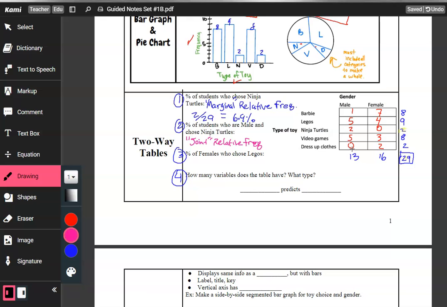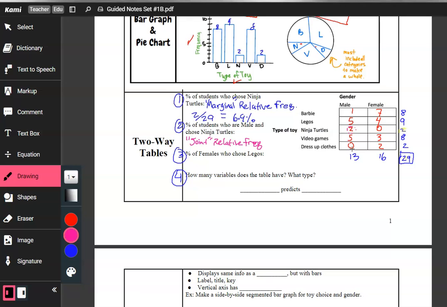So let's see, the number of students who are male. Okay, here's the section for male. And I'm looking at the ones that chose Ninja Turtles. So that's this one right here.